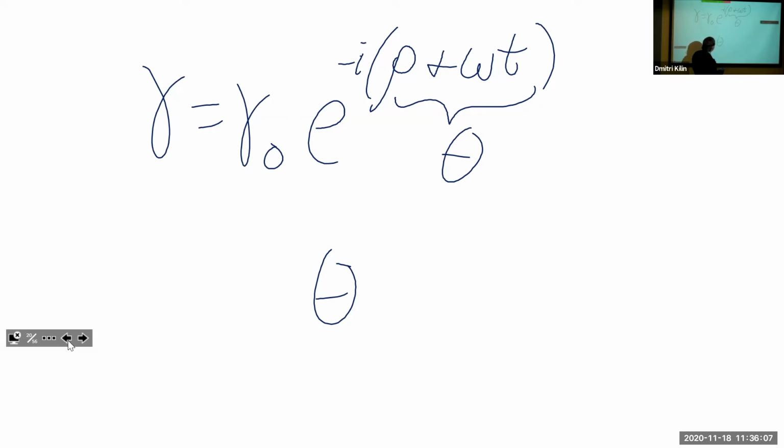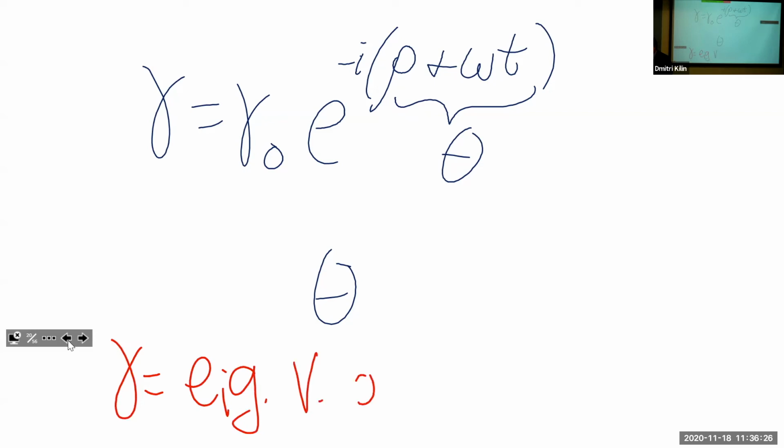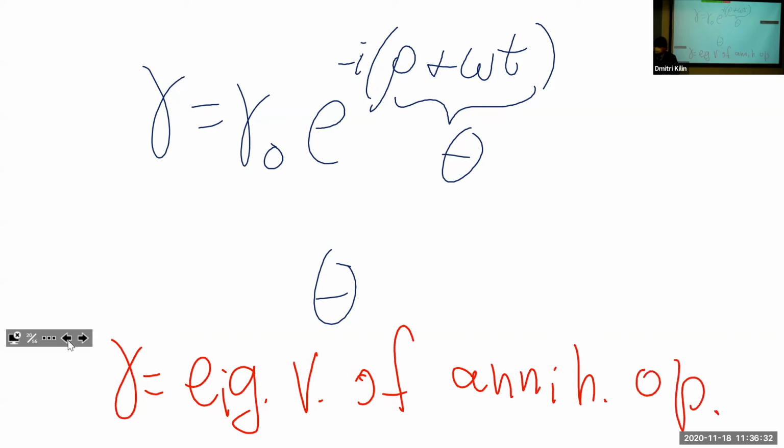So the novelty is that they chop the time dependence of this gamma, which is the eigenvalue of the annihilation operator. So the factorized form is represented in a special form.